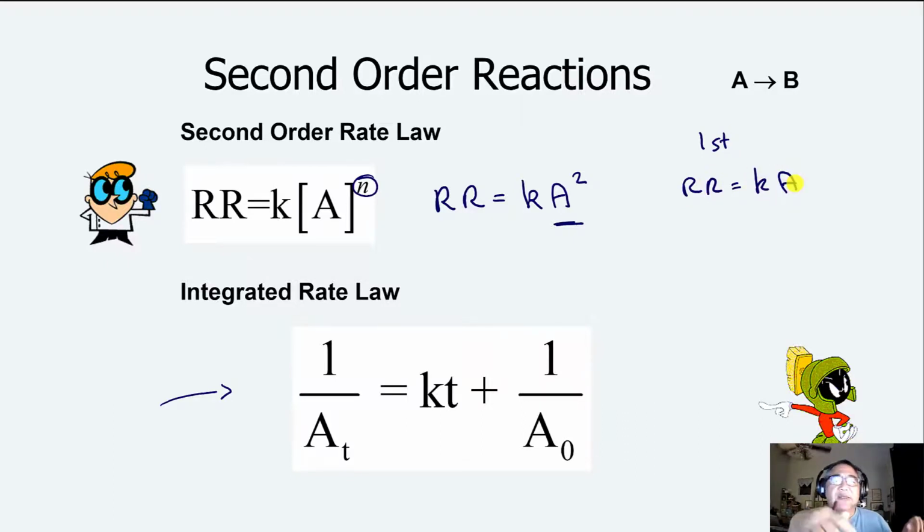Let's assume the K's are about the same. What happens as the concentration goes down in a second order reaction is that the effect is squared. And because the effect is squared, what does that mean? It's going to slow down even faster than a first order reaction.